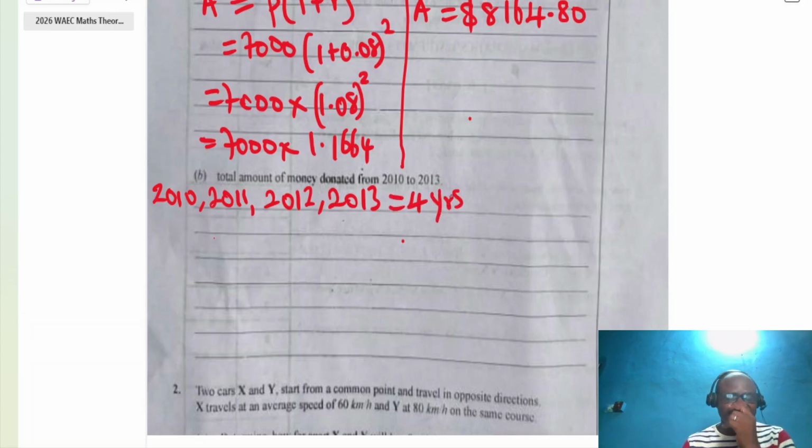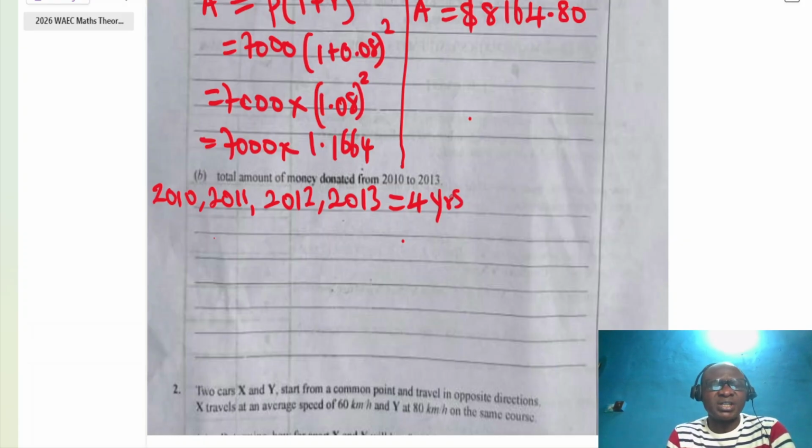We are already given 2010, $7,000. Then we can calculate for 2011, increasing by 8%, then 2012 and 2013, and add the 4 years up. Alternatively, we can use a formula, because it is increasing year after year, it is compounding.